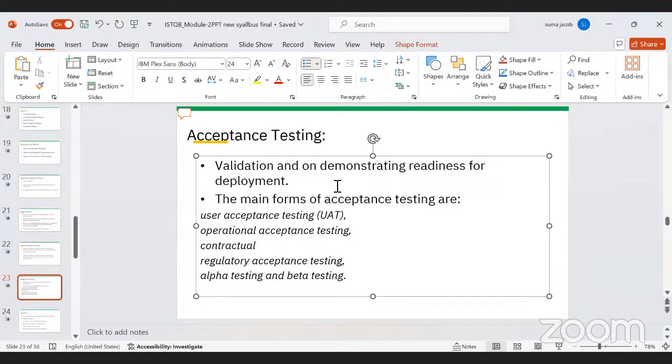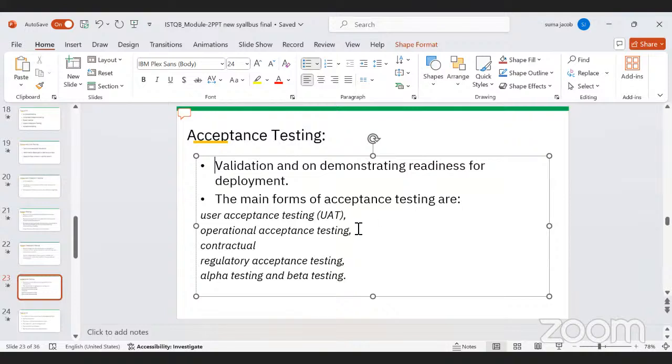So these are the different forms of acceptance testing. Acceptance testing is done to increase the confidence in the system. It is almost like system testing, but the focus is more on the behavior and capabilities of the whole system and product. It will be mostly done by the customers or end users to confirm if the product is acceptable or not.